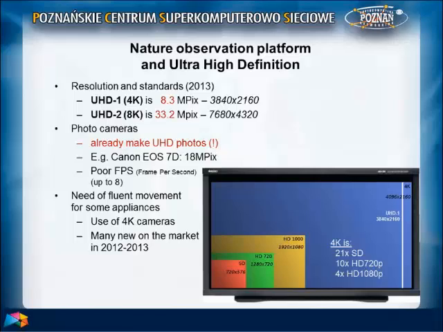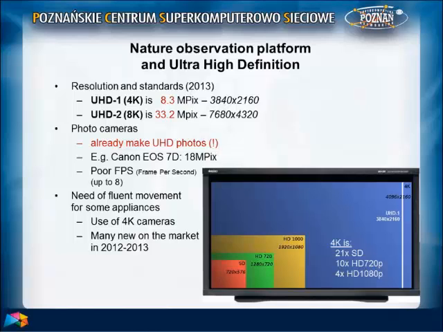So what is important, and I mentioned this before, photo cameras available on the market are already ultra high definition or more, because for instance Canon EOS 7D, which is a consumer photo camera, is 18 megapixels.